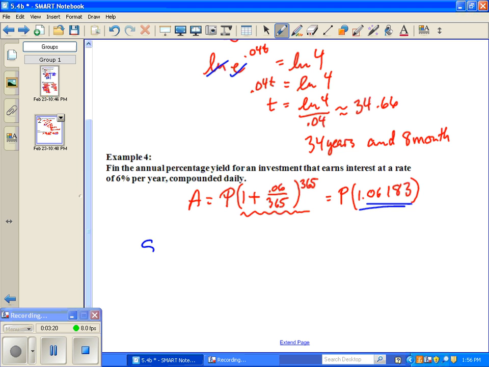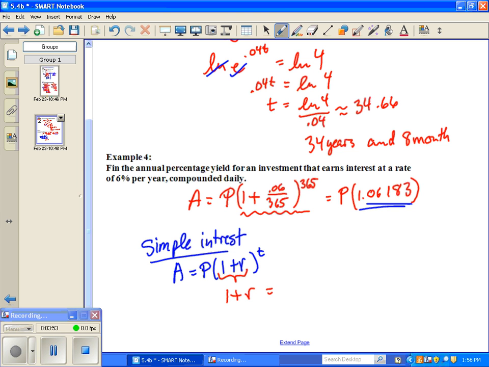So simple interest, remember that formula is just A equals the principal times 1 plus r to the t. Now that's just if something is compounded once per year. But the only part that we really need to look at to figure out the percentage yield is just the thing inside, so 1 plus r.